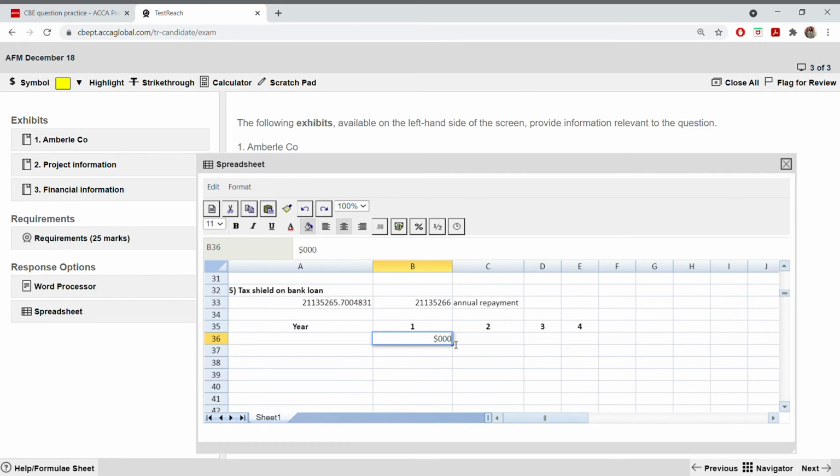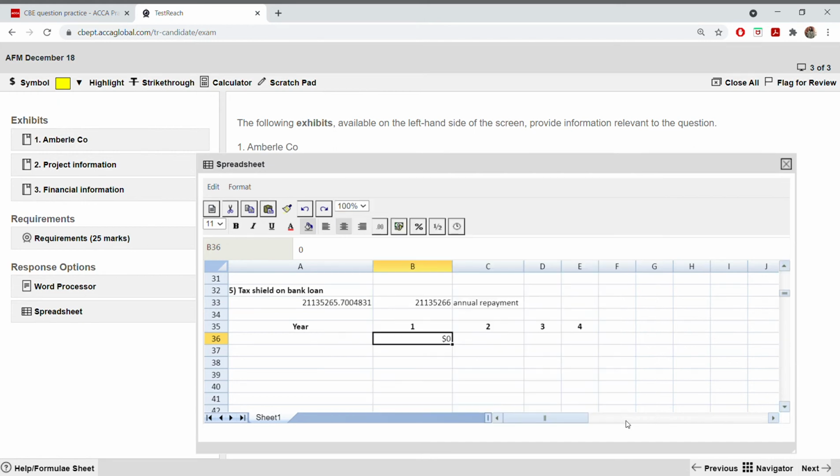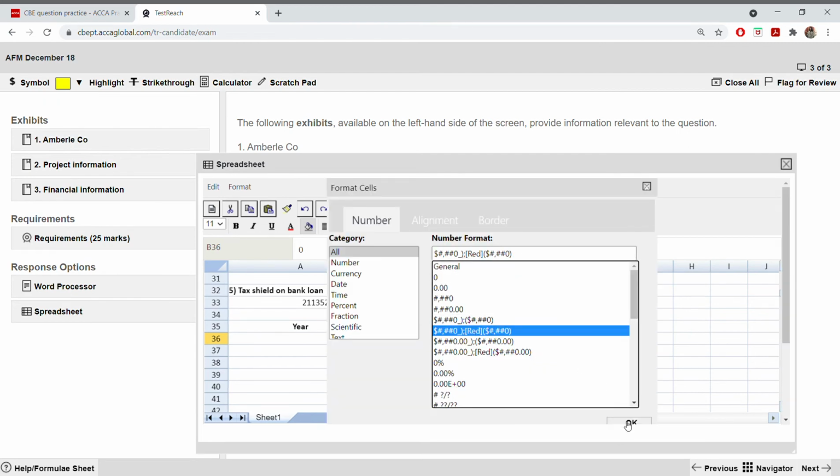Currency 000. Now I have to format. When I format, I go to custom. I have to put it in dollar. There are 4 options for dollar you can use here. Let's see how it works. Custom, we'll use the second one and see.